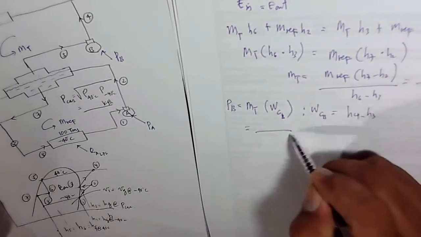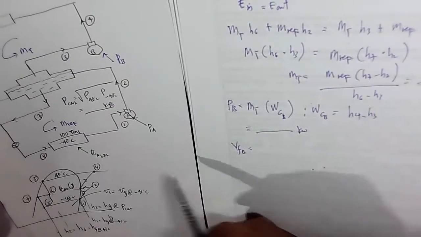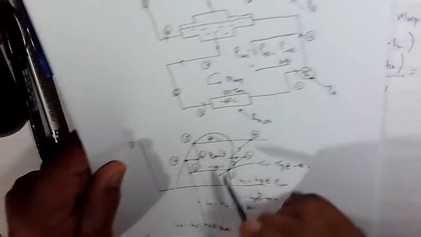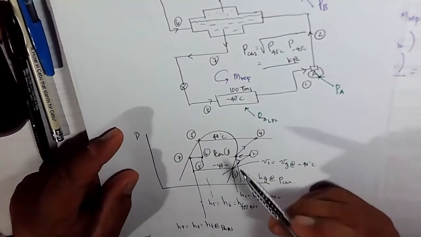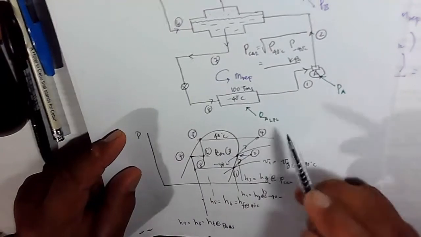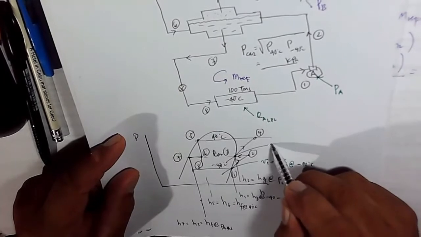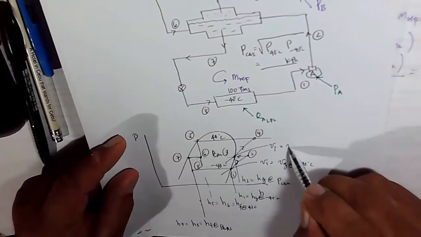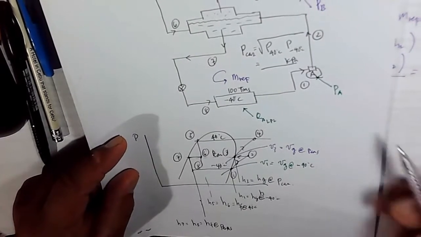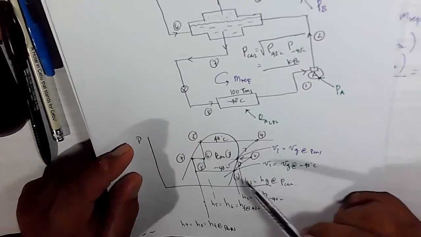And the volume flow rate at point B, entering your point B. Point 3 is still lying on the saturated line. So we have the line passes to point 3, specific volume 3 is equal to Vg at the corresponding P cascade. You can also use your table since it is saturated.